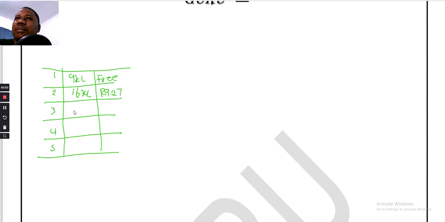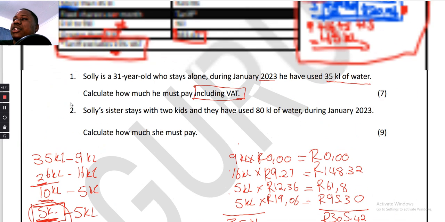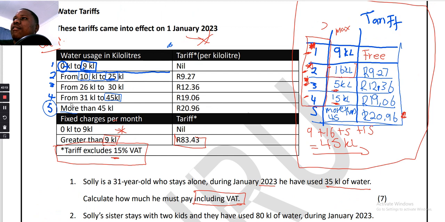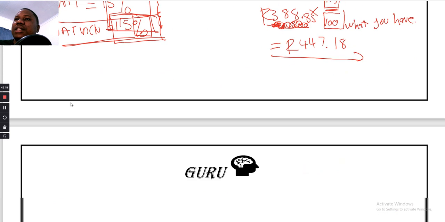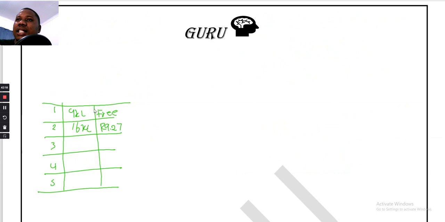And in block number 3, it was 5. Let me double check. 5.15. Okay, that was correct. That is 5 kiloliters. Then this is 15 kiloliters. Then this is more than 45 kiloliters.